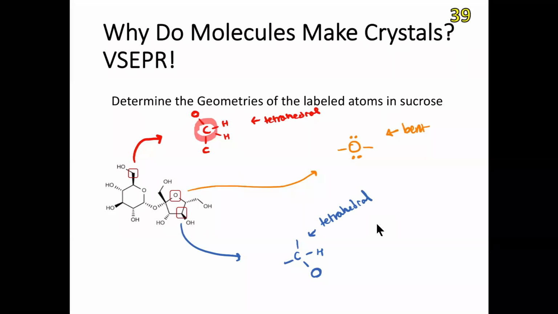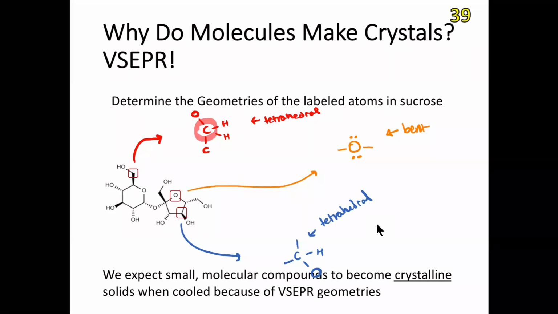The point is that when we zoom in on these pieces of molecular solids, we expect there to be very distinct geometry based off of VSEPR, this idea of electron groups spreading apart from each other. So it should feel comfortable that there's a similarity to ionic compounds.